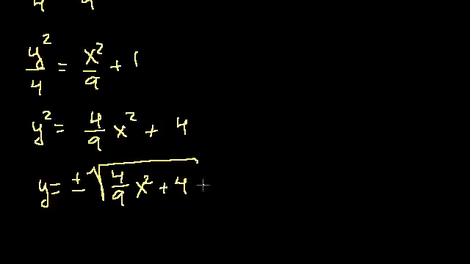And you can't really simplify this anymore, but we can think about what this approaches as x approaches positive or negative infinity. What does this roughly equal? What does the graph get a lot closer to?